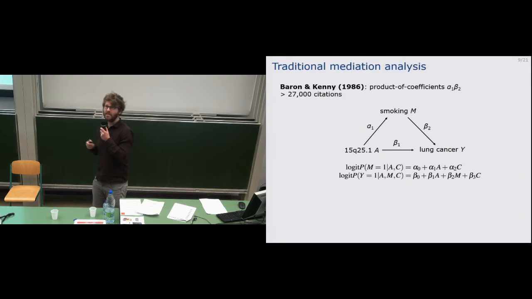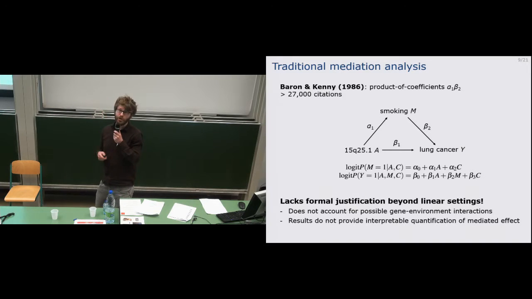So an immensely popular approach in social sciences is to compute the indirect effect as the product of the effect of the genetic variant on smoking, as captured by parameter alpha-1, times the effect of smoking on cancer, captured by beta-2. Unfortunately, products of regression coefficients have no meaningful interpretation in general, and therefore these methods are essentially useless.